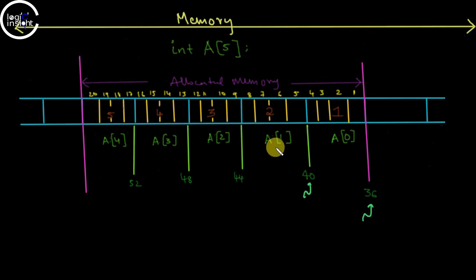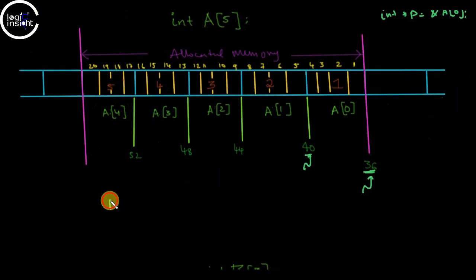So my point is, if I want to access the first element, I should know this address. If I want to access the second element, I should know this address. Now here comes the trick part. If I say that there is an integer pointer in which I'm storing the address of a of 0, which means in pointer p the value is 36, which means the address value, right?